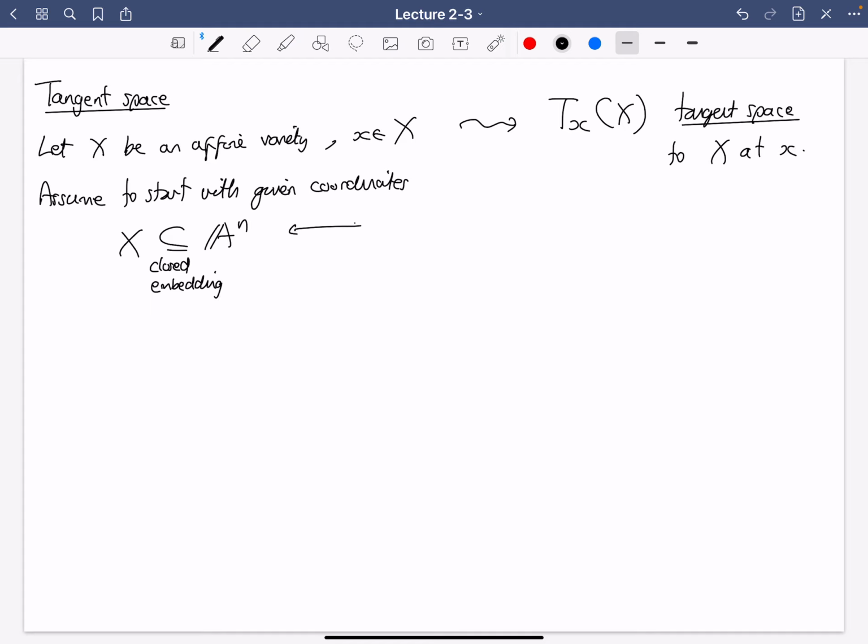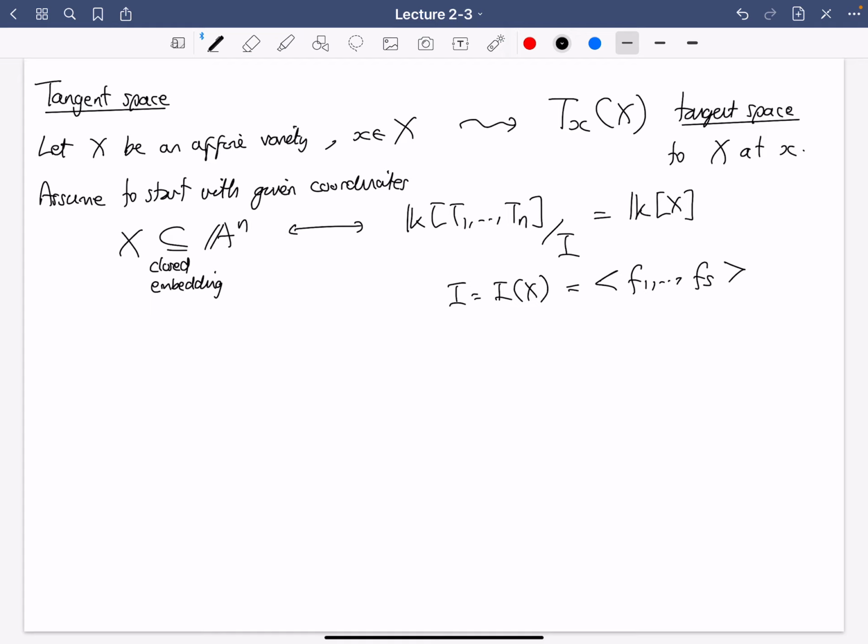And as we've discussed, that's equivalent to realizing the coordinate algebra of X as a quotient of the polynomial algebra in n variables. So I here would be just the ideal of X, the functions in the polynomial algebra vanishing on that subset X. And let's assume that ideal is finitely generated, with given generators f_1 through f_s generating the ideal of X.